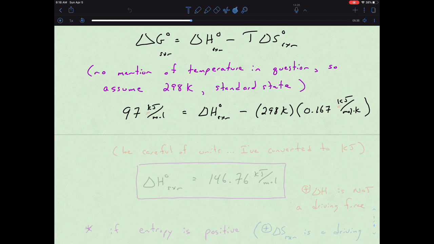Again, be careful of units. In this case, I've converted to kilojoules.